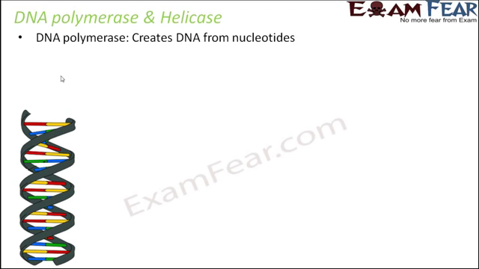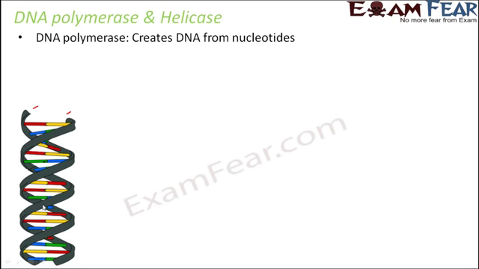For example, these two strands are the original strands, the parental DNA. Now, the strands will separate out. Once they separate, these two strands will act as the template, the original copy. Based on the sequences on each of these strands, the new sequences will be created, and those new sequences will be joined together to form the new strand of DNA.